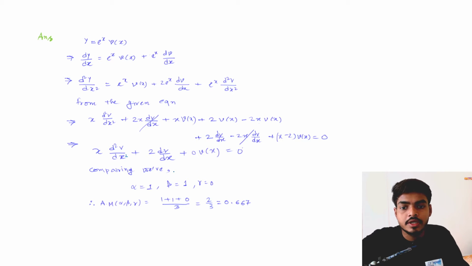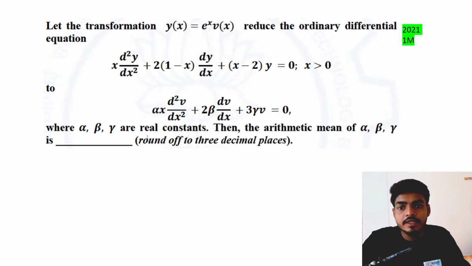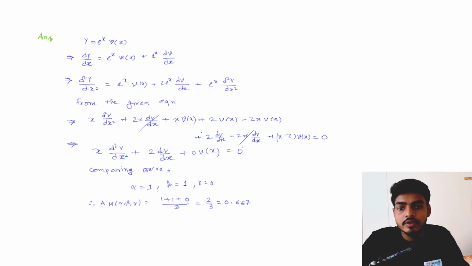Now you need to compare it to the given form: alpha x d2v/dx2 plus 2 beta dv/dx plus 3 gamma v. By comparing, alpha is 1, and 2 beta is 2 so beta would be 1. There is no v(x) term, so gamma would be 0. So the arithmetic mean of alpha, beta, gamma is (1 + 1 + 0)/3 = 2/3, and the answer is 0.667.